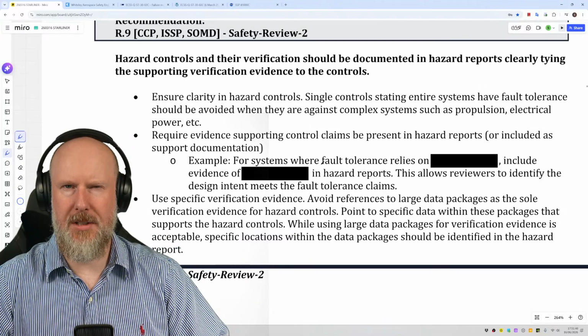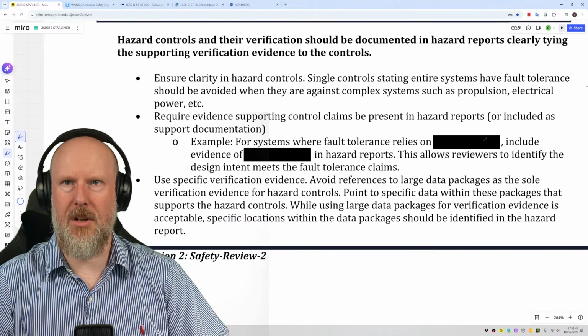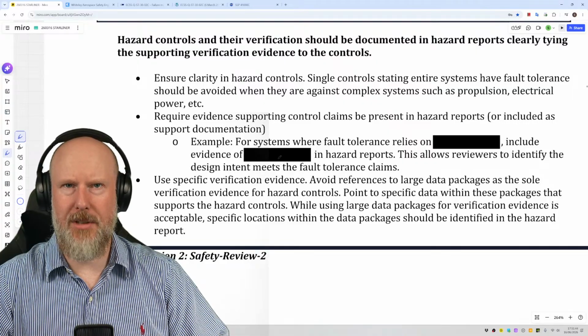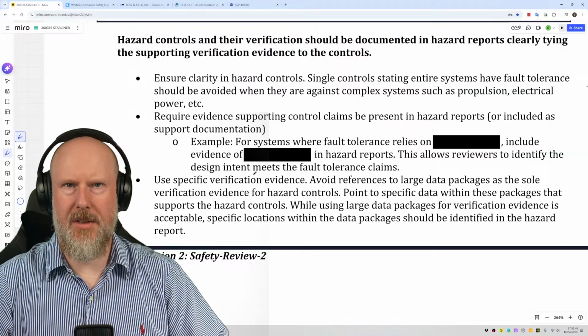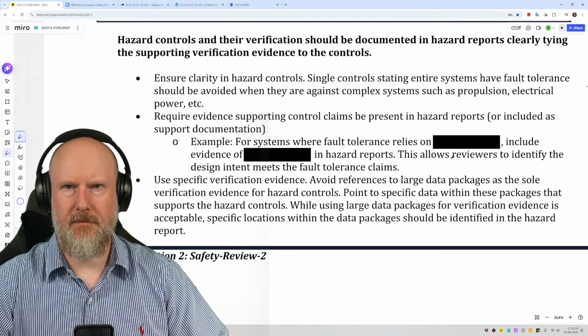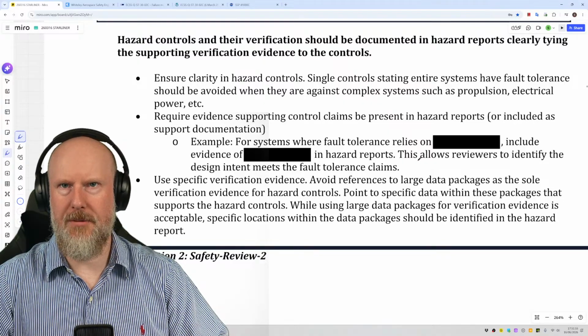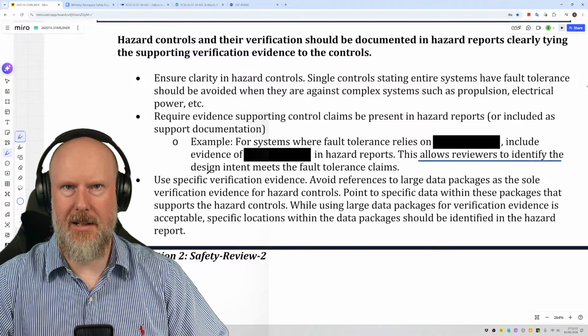Examples for systems where fault tolerance relies on blankety blank include evidence of blankety blank in hazard reports. This allows reviewers to identify the design intent meets the fault tolerance claims.